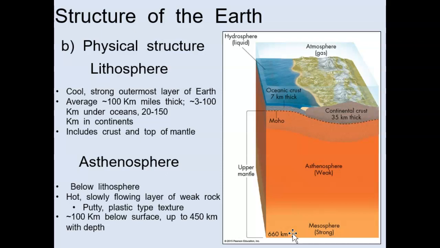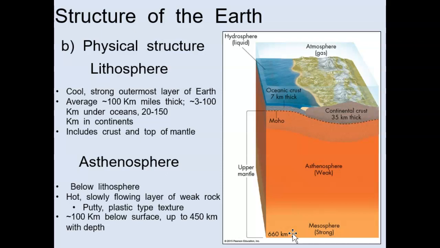It is very hot, and it actually does flow in a more fluid manner. Its texture resembles silly putty. So it's not liquid, but it flows in a plastic manner, allowing for easier movement, right? It is between 60 and 120 miles below the surface, depending on whether it's oceanic or continental, and where within those areas.